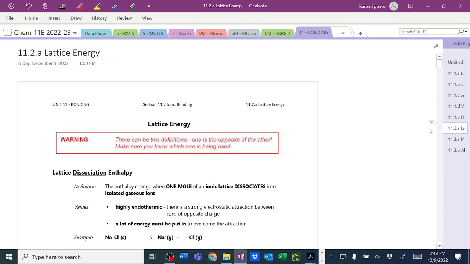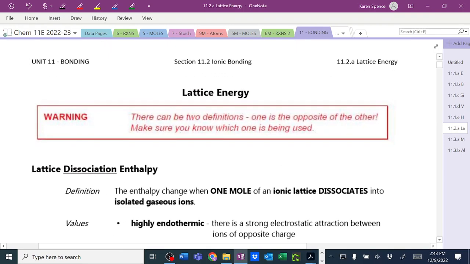Can we talk lattice energy? 11.2a, lattice energy. This is ionic bonding. Sorry to keep pushing, but it's this big course, huge course. Lattice energy is on page 30 something.